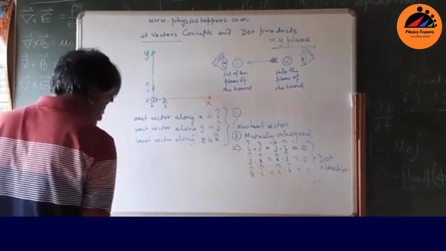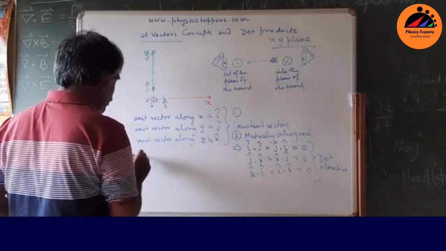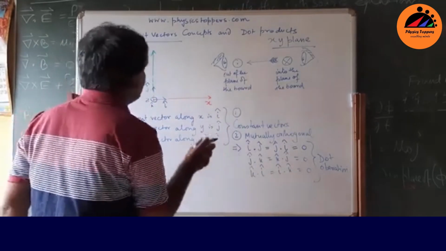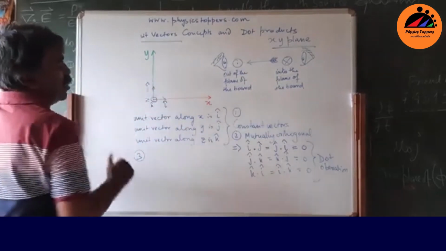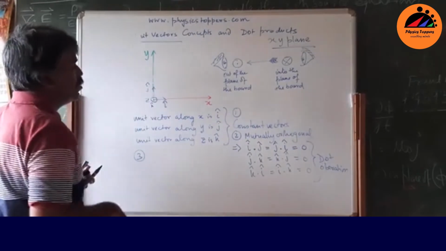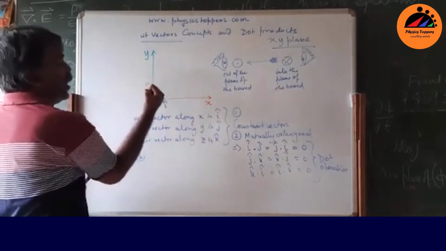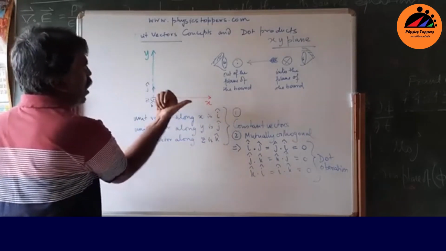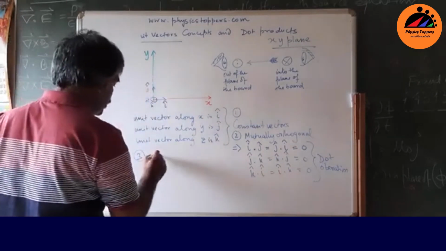Let's not go into the details of spherical polar coordinates right away. I want to mention that point number 3 is the cross product. If you watch my cross product video, there is a video you can also have. I cross J is K, J cross K is I, and K cross I is J. It's a very symmetrical relation.